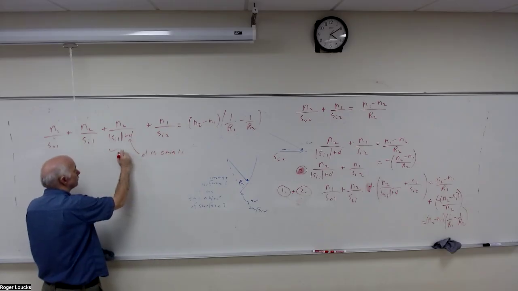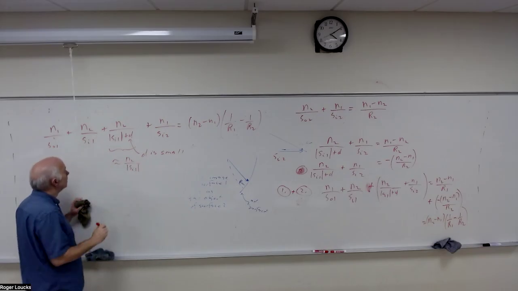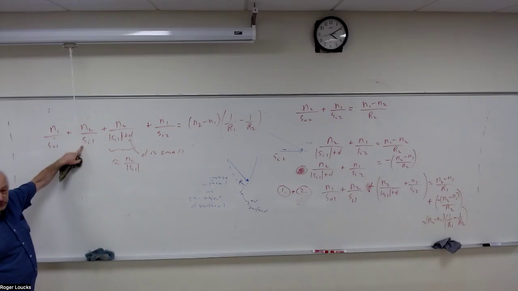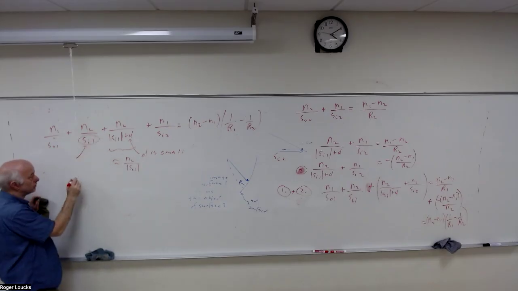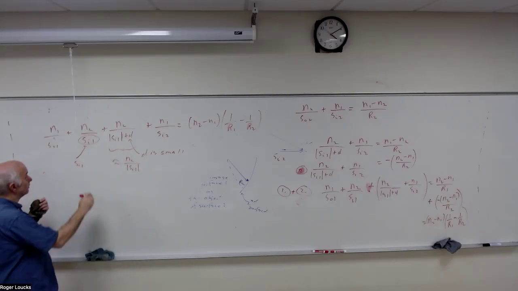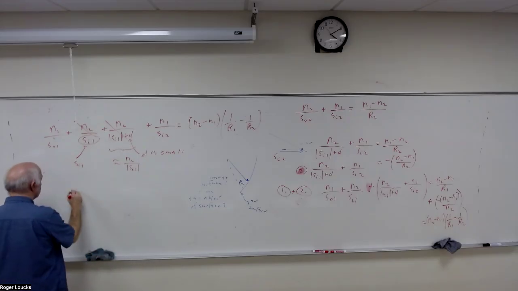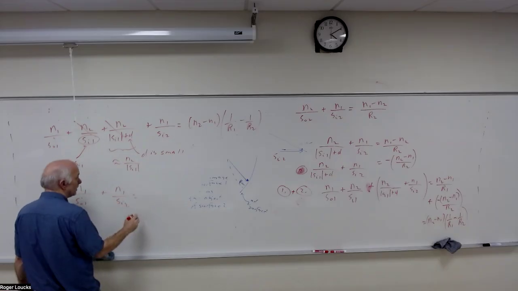So this whole term here is approximately what? N2 over the magnitude of SI1. What do we know about SI1 here? Negative. So what do these three terms do? They cancel. So this gives me N1 over SO1 plus N1 over SI2 equals this guy.